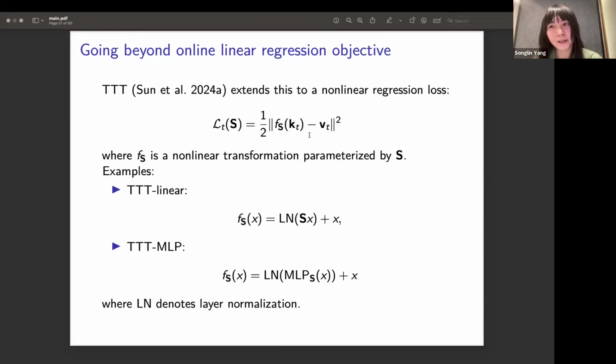Instead, we use a nonlinear transformation, which is parameterized by the hidden state S. For example, they have TTT-Linear and TTT-MLP. In TTT-Linear, they have the same linear projection, but they have the layer norm operation here to make the entire model nonlinear. In TTT-MLP, they use S to parameterize an MLP layer.